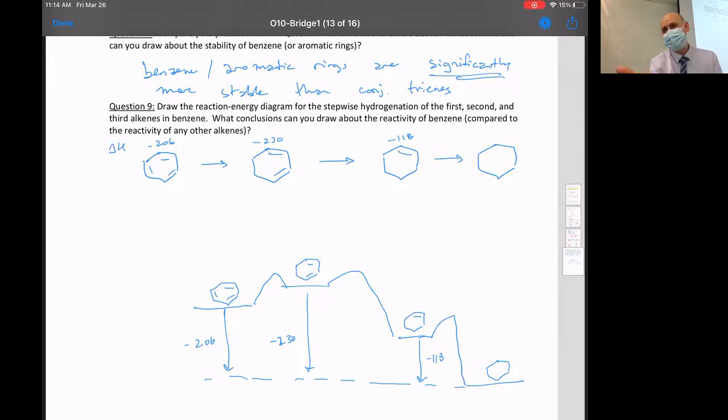This is not the only aromatic ring in the world. Benzene is kind of our classic case, but there are a number of other aromatic rings. But it turns out that a ring like this is actually super, super unstable. You don't have to write any of this down.